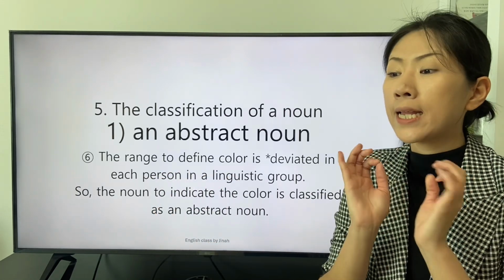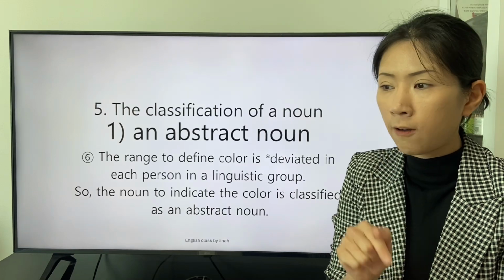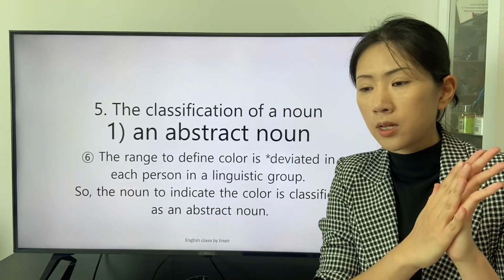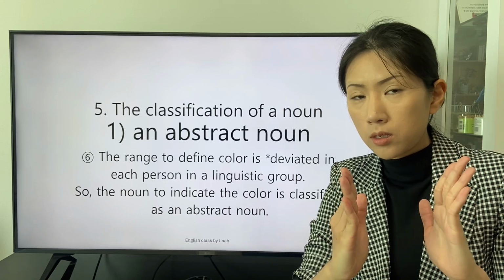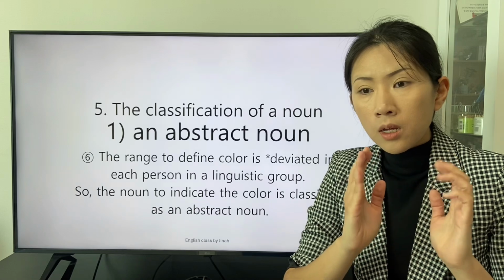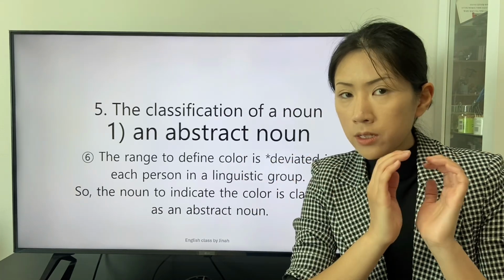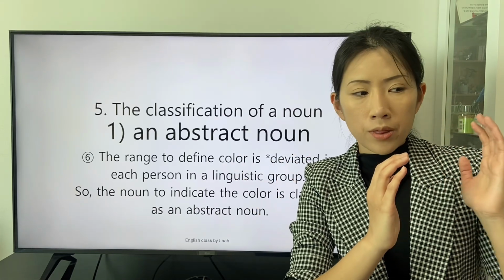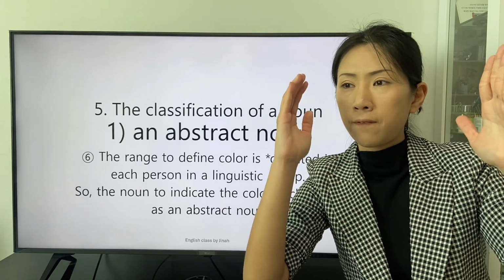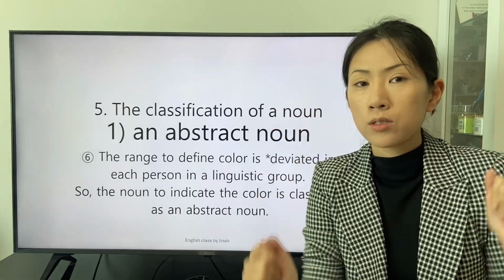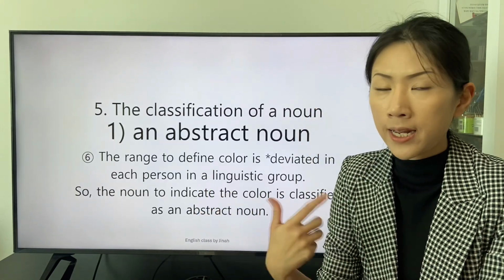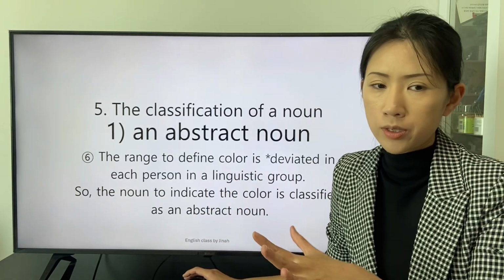A person can define the starting point of blue from this point, this. But the other person can define the color blue with the starting point of this and the ending point of this. So the range of color to define the same color can be deviated by each person.